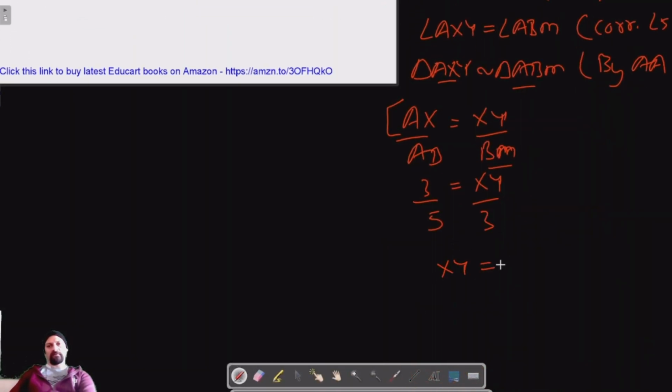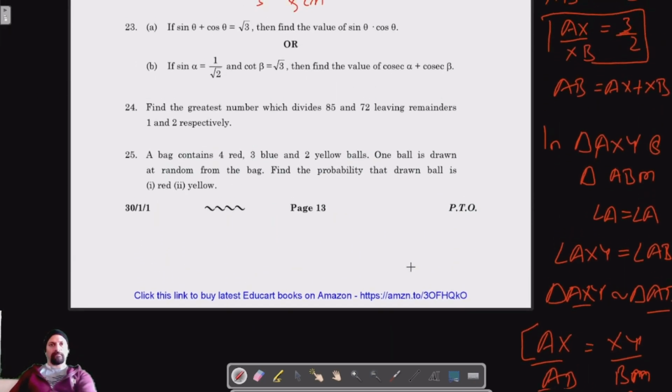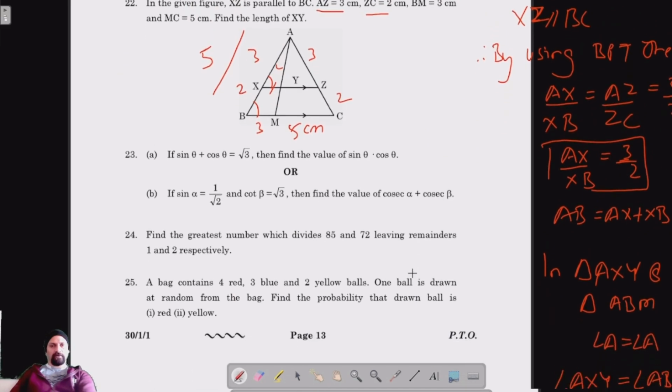So XY is equal to 3 into 3 divided by 5, which is 9 by 5, which is 1.8. So this is 1.8 centimeters.